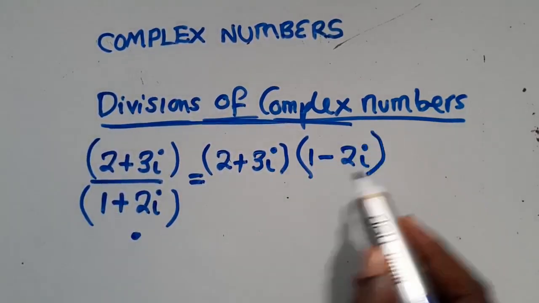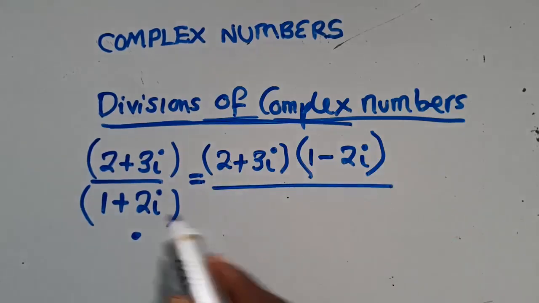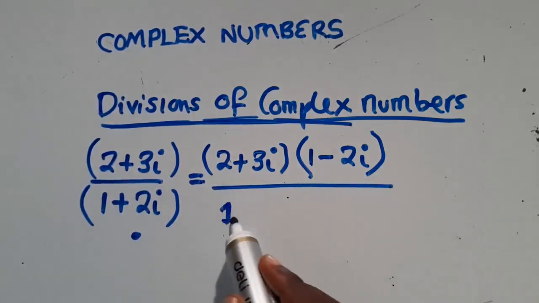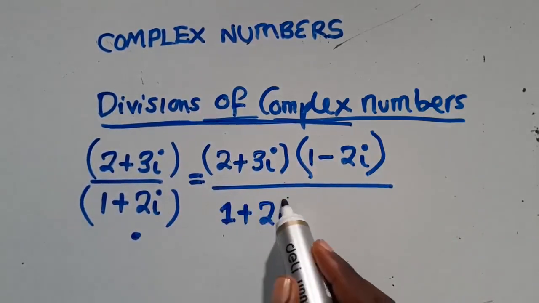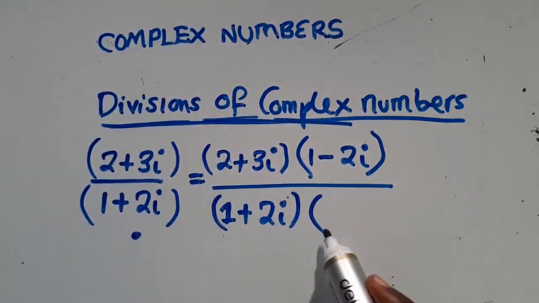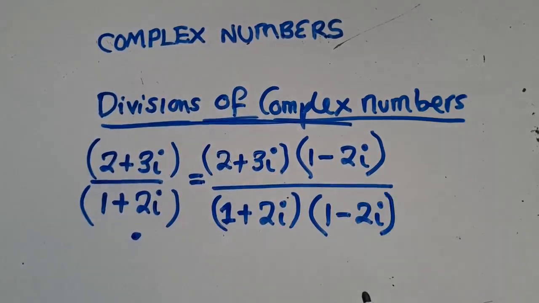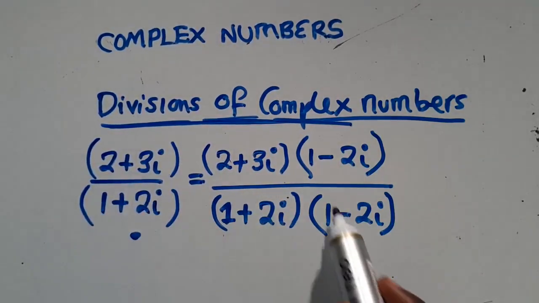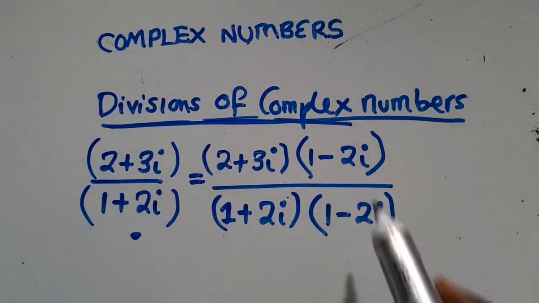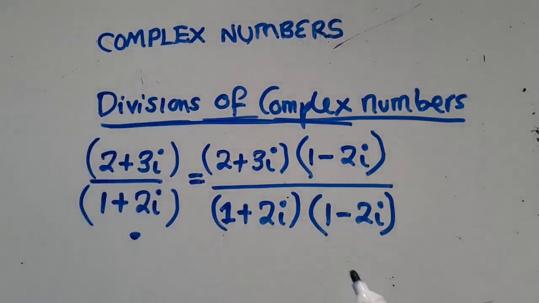Over here you've got 1 plus 2i, and you multiply it with its conjugate, 1 minus 2i. This is what you are supposed to do: multiply both the numerator and denominator by the conjugate of the denominator.